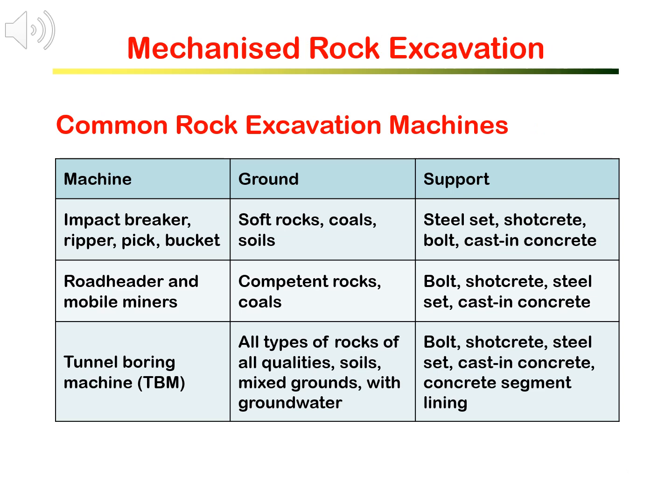Common rock excavation machines are summarized in this table here. The first group is rock breakers, rippers, pickers, and buckets, for relatively small size and scale excavations. Roadheaders and the mobile miners are relatively large and designated rock cutting machines for high rate rock excavation.